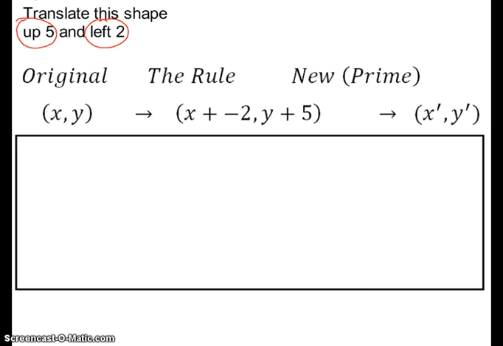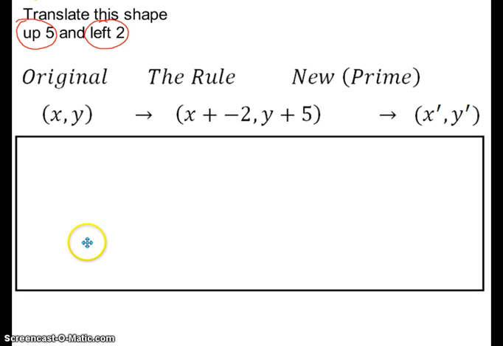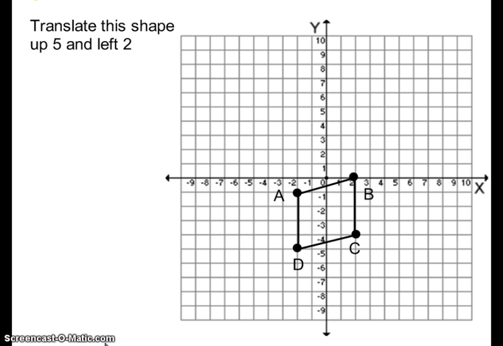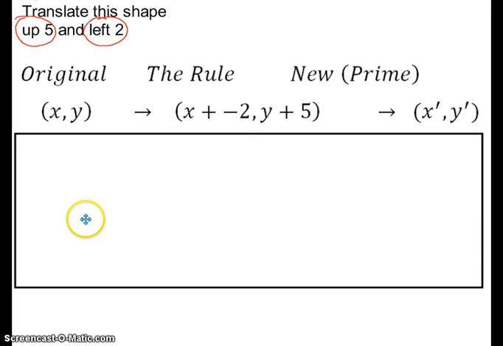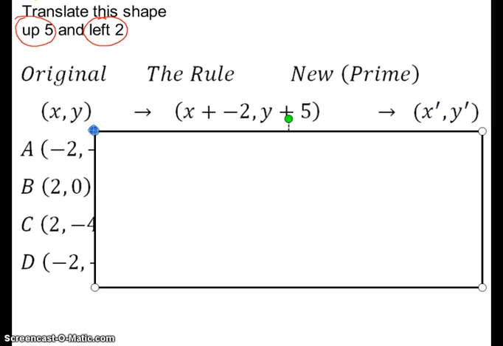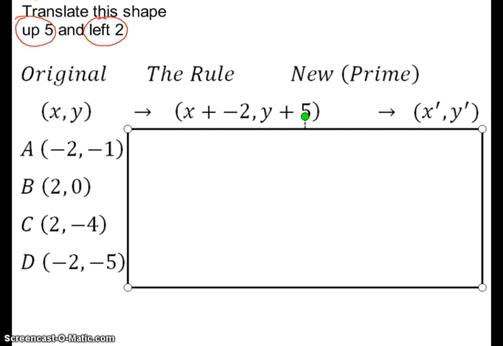Now I'm going to go back and I'm going to make sure that I list the correct ordered pairs for A, B, C, and D. And there they are.